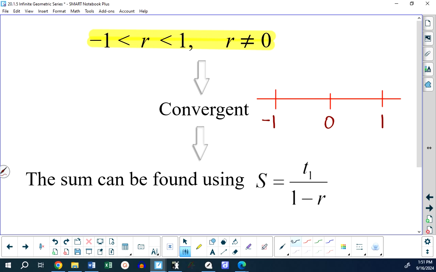It means that these are the values of R. These are the values of R that make it convergent. Can be a number bigger than -1, less than +1, but not equal to 0. So these open dots mean not equal to these numbers.